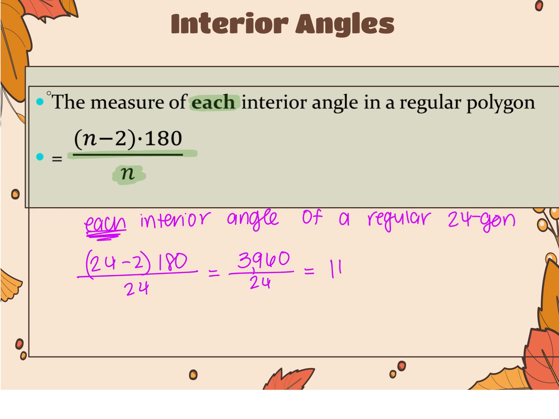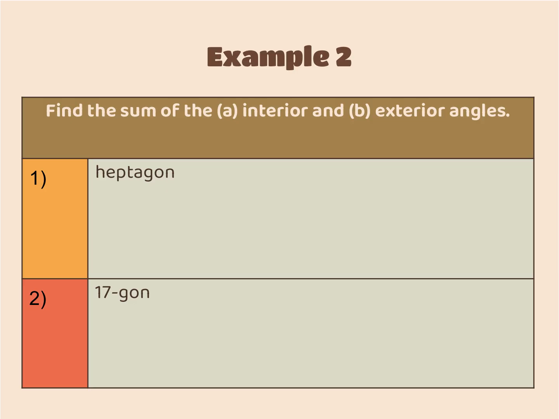That's going to give me 165. So now I know each angle, not the sum, each angle is 165 degrees.